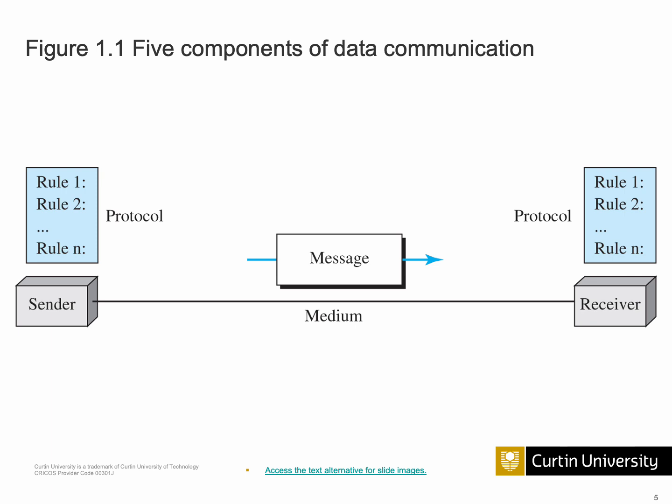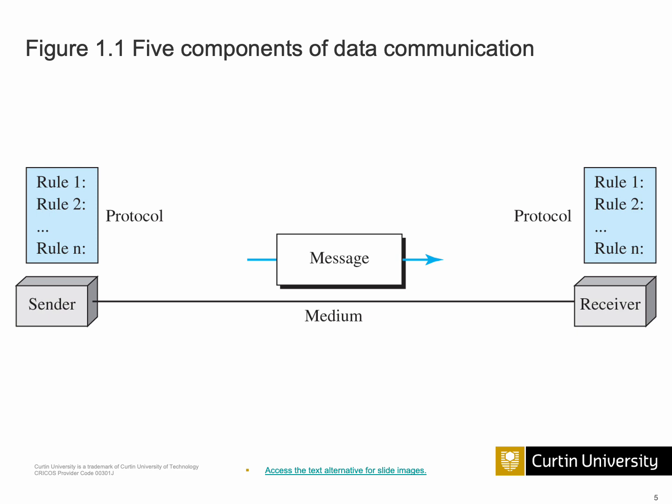Then we have the final component, that is the protocol. Protocol is a set of rules. These rules govern the data communication. It is an agreement between the communicating devices, in this case the sender and the receiver.